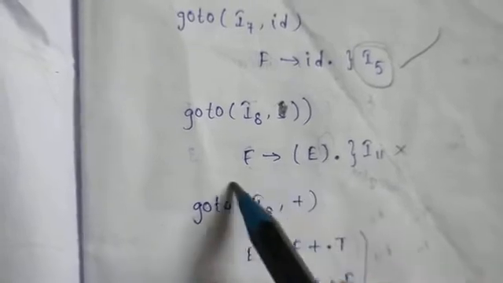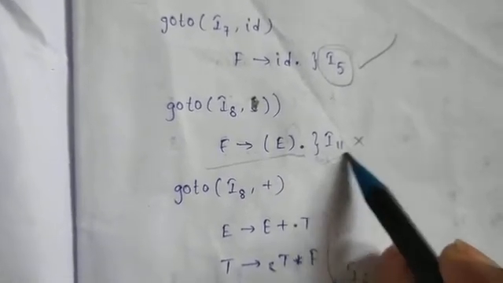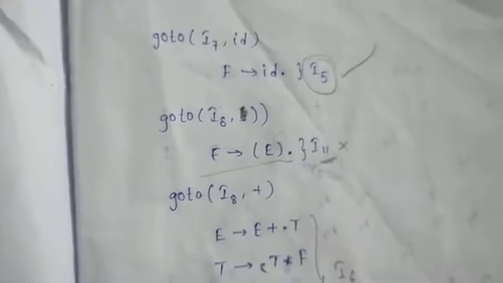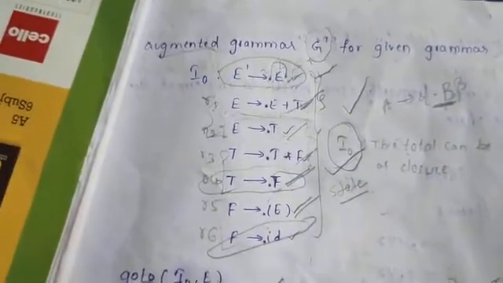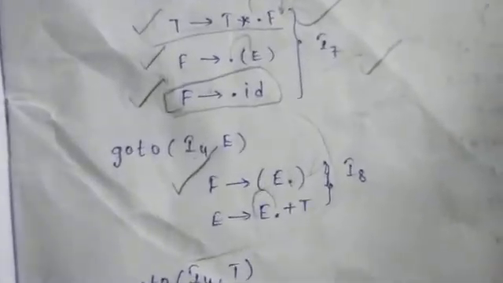That's why this will be taken as one production. So then before numbering that one, it will check whether it already exists or not, with I0, I1, I2, I3, I4, I5, again I6, I7, again I8.